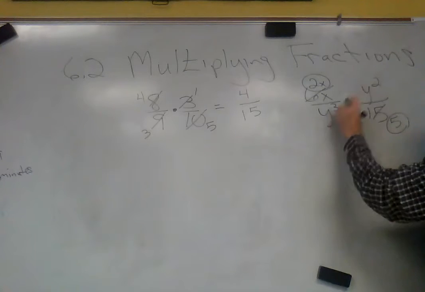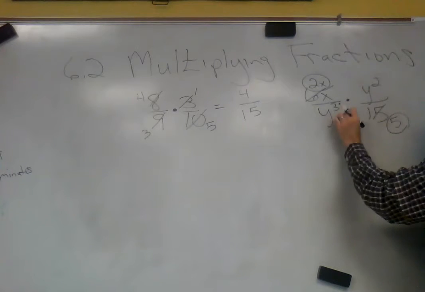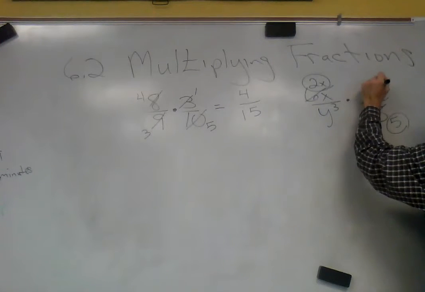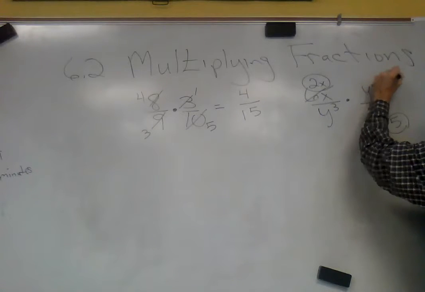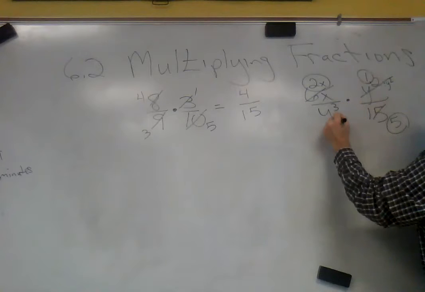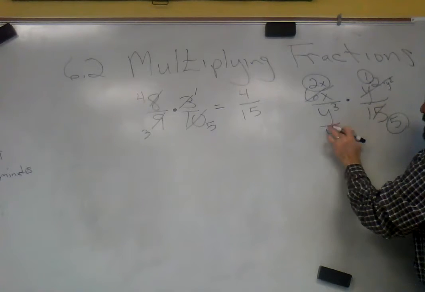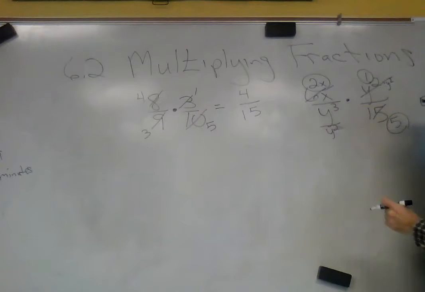Now, what's common in these two things? Y squared. We go with the one that's the smallest power. So y squared divided by y squared, we cancel it out and just leave us with 1. Now, if we took y cubed and divided by y squared, what do we do with our powers when we divide? Subtract.